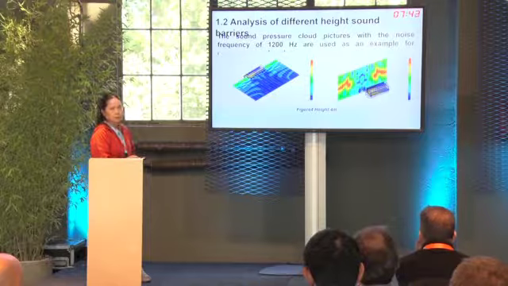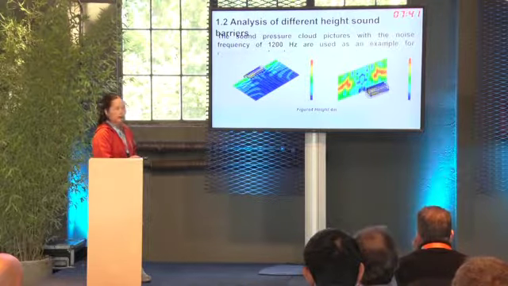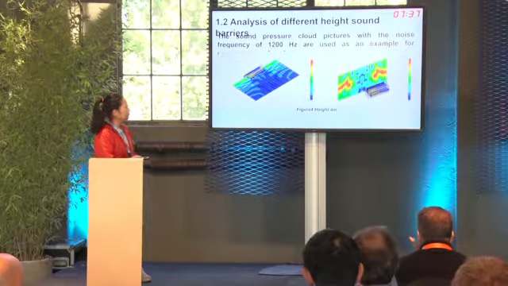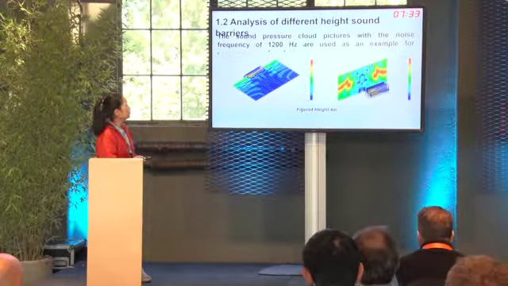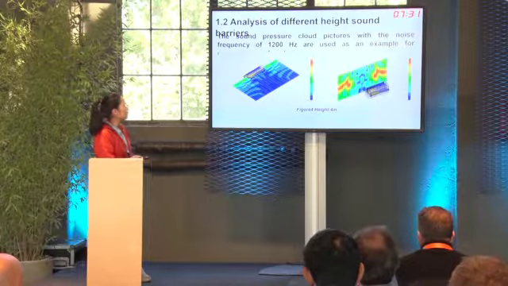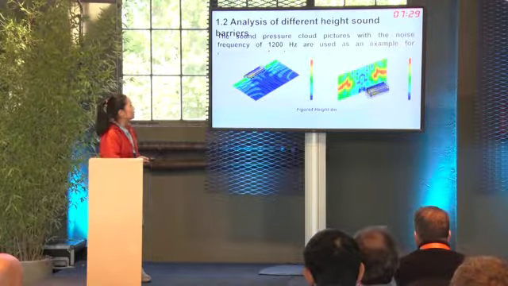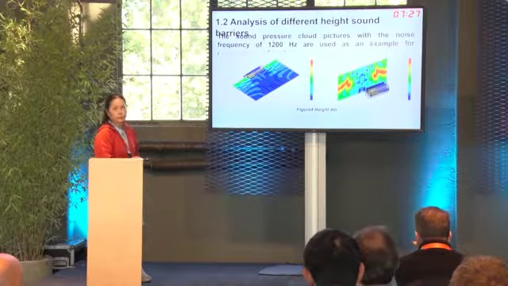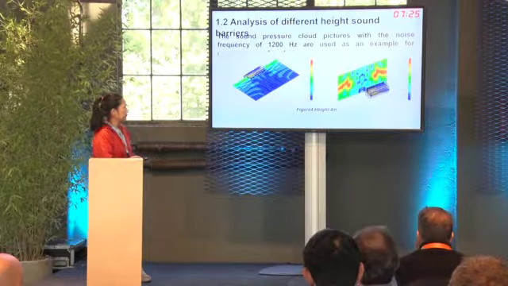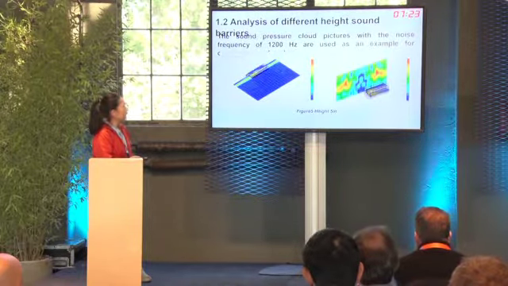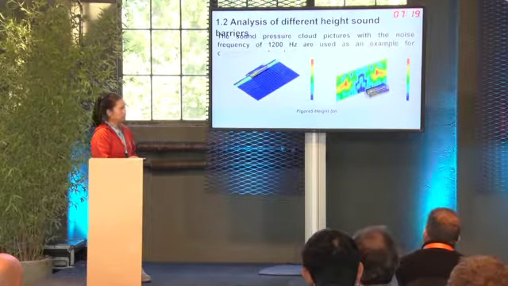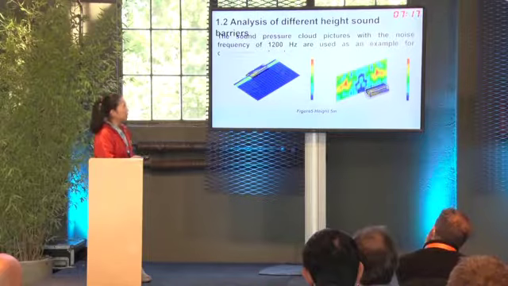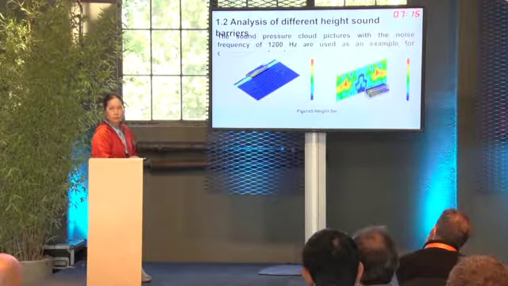And we change the height. Then the height is 4 meters, and we get a different sound computation variable and cloud picture, and at 5 meters high, we got this result.